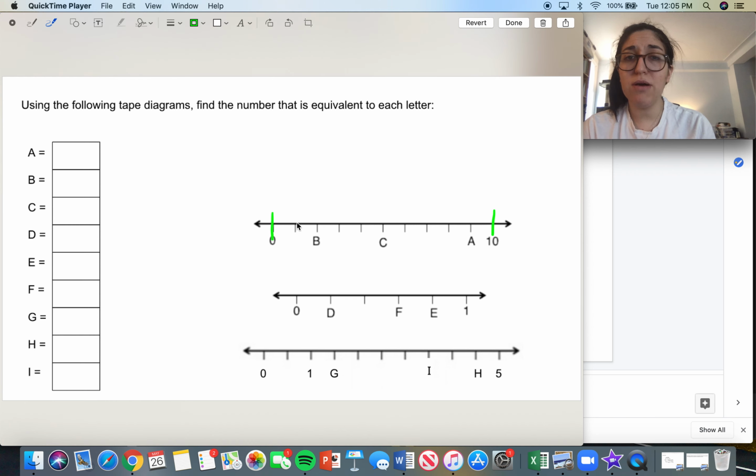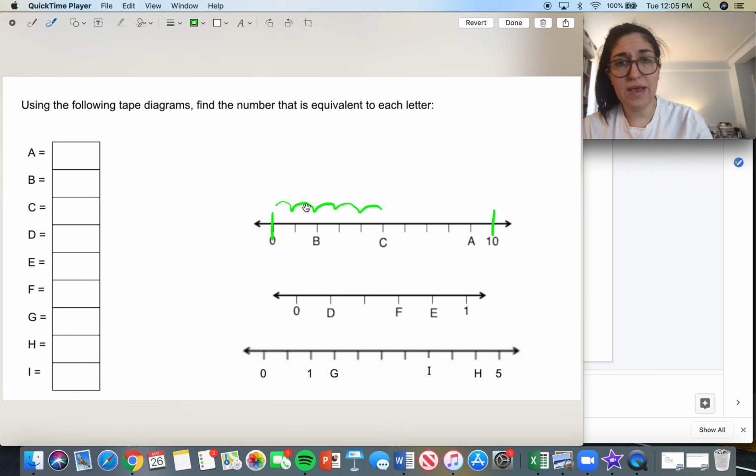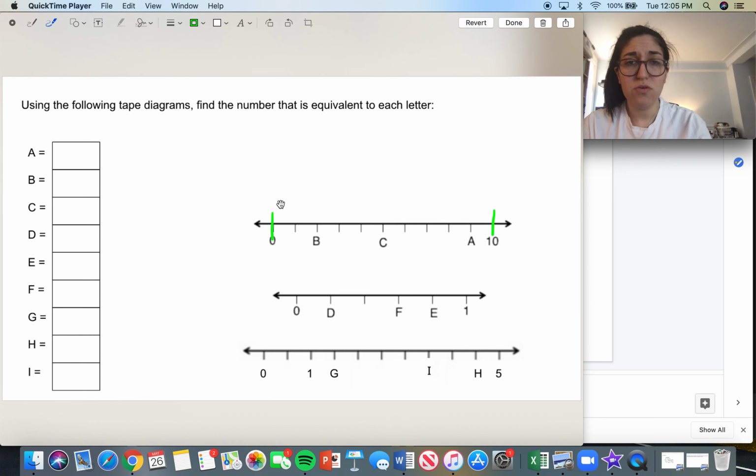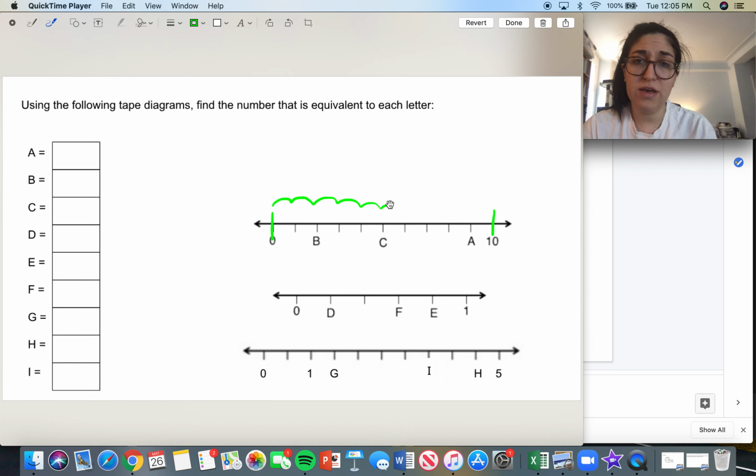And so we need to think about how many spaces, how many notches or little marks, are there between the 0 and the 10? Like if there was 1, 2, 3, 4, 5, 6, 7, 8, ran out of room there, 9, 10.